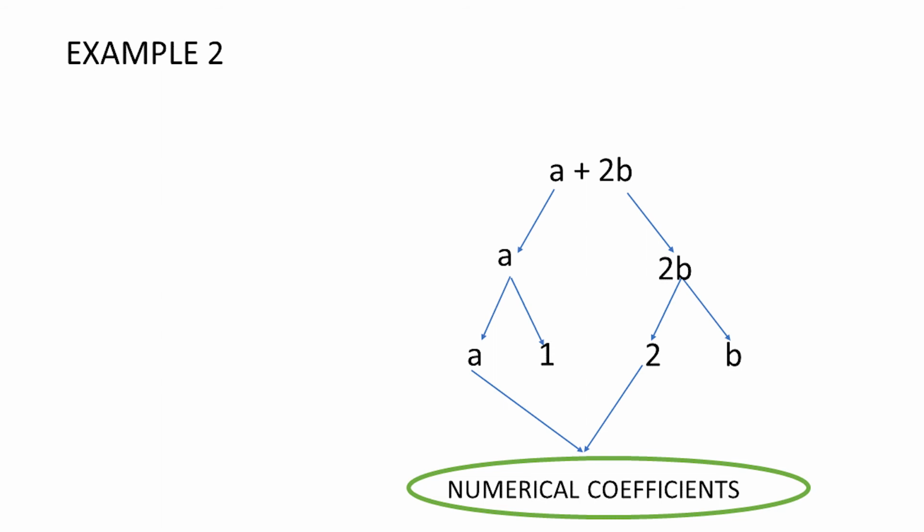It's 1, because 1 multiplied by any other number gives the same number. So the factors of a are 1 and a. The factors of 2b are 2 and b. And which is the numerical coefficient of the first term? It's 1. In the second term, 2 is the numerical coefficient.